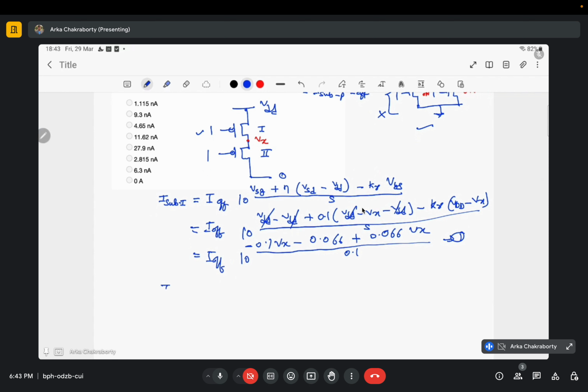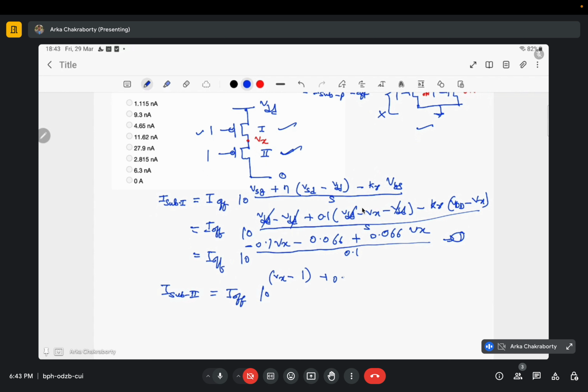Now for the second one, the subthreshold current for transistor 2. This one we have considered. Now this one would be I0 10 to the power VSG. Vs is here Vx, Vg is 1. Am I writing something wrong? No, it's fine.